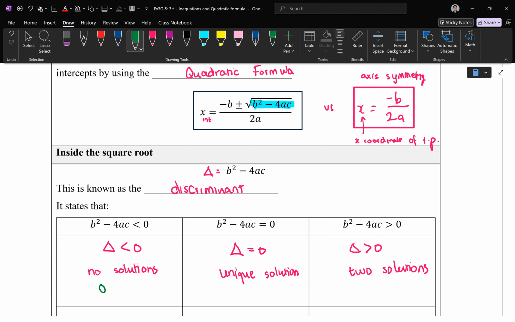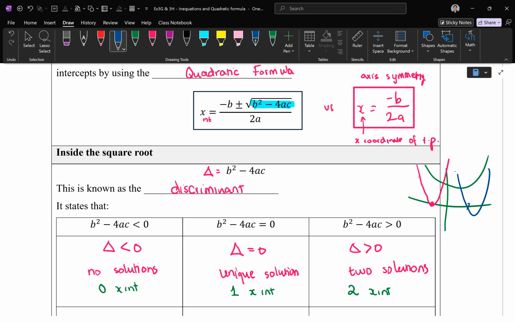So here you'll have 0 x-intercepts. Here you will have 1 x-intercept. And here you'll have 2 x-intercepts, which makes sense for a quadratic graph. You can either get no x-intercept, exactly 1 intercept, so it might sit exactly right on the axis, or you could have 2 intercepts. Okay, those are the only 3 scenarios you can get.